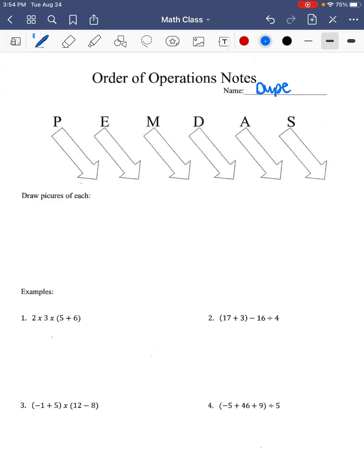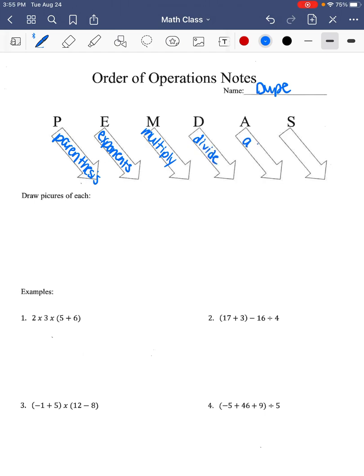So the first thing that you need to check for is the letter P of PEMDAS, which is parentheses. The next would be exponents. Then multiply and divide.